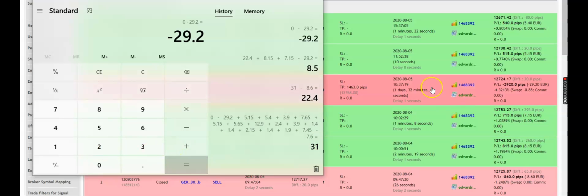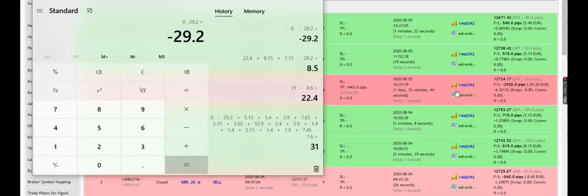Okay, it was actually a trade from the 4th of August that we left open overnight. We don't normally do that unless there's a very good reason, and when we do leave trades open overnight, there's what we call a swap fee. And the swap fee on that particular trade was 85 cents to have it open overnight. It does add to the risk, but sometimes it's the best option.